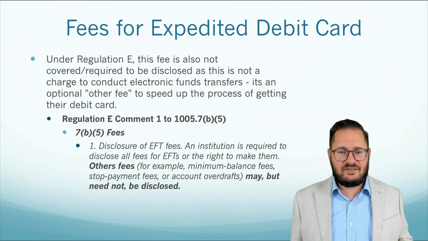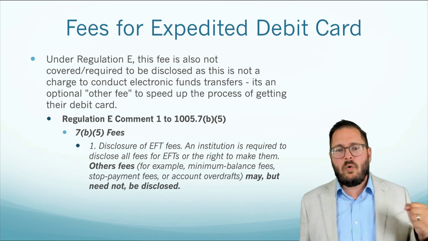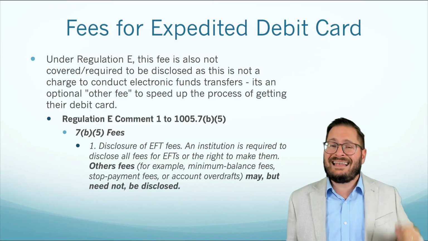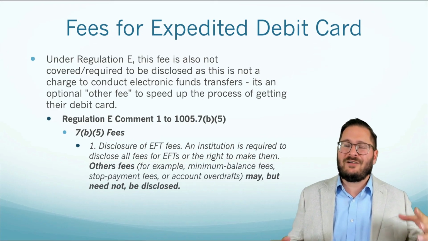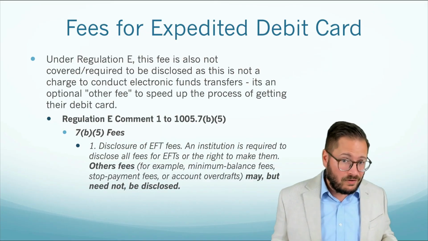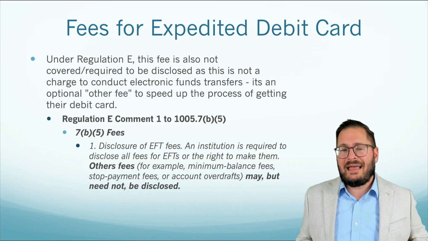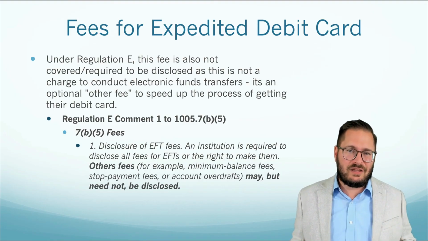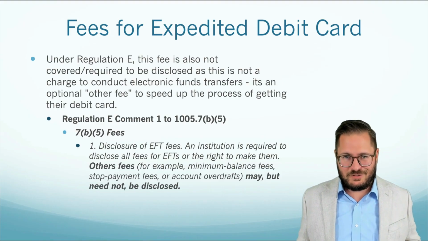Other fees, for example, minimum balance fees, stop payment fees, or account overdrafts, however, may but need not be disclosed. So we're allowed to, but they are not required. And therefore, under Reg DD and Reg E, that tells us that a fee for an expedited debit card does not need to be included on the fee schedule at this financial institution.